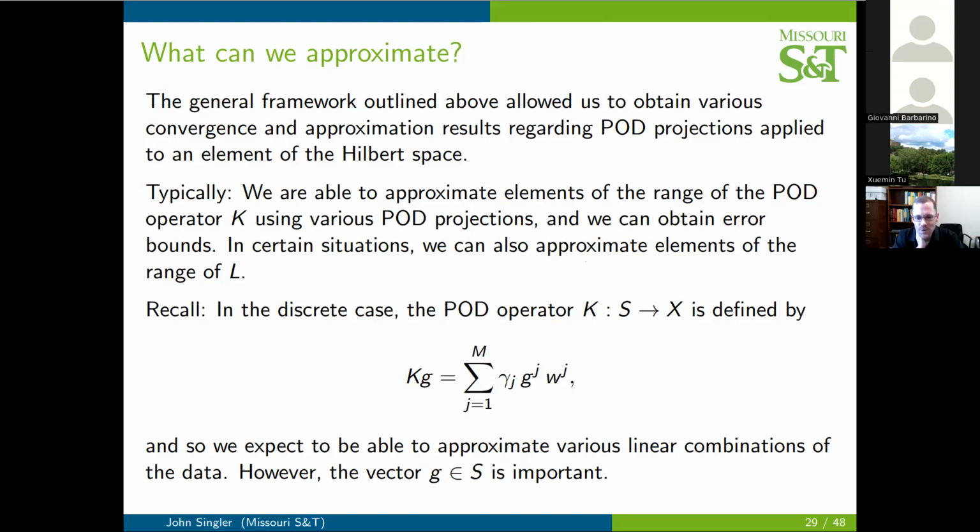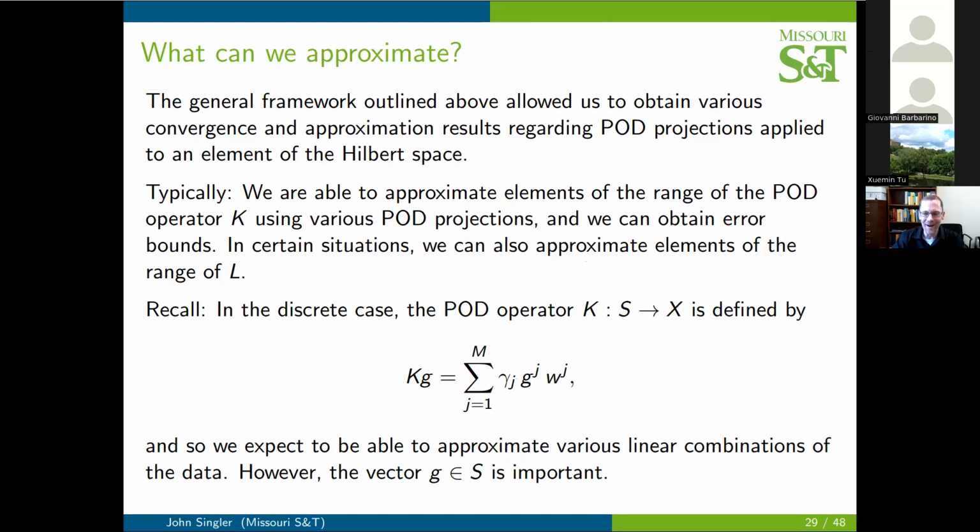And the short story is you can approximate anything that's in the range of the POD operator, or sometimes in the range of this operator L. So again, in the discrete case, the POD operator is a linear combination of the snapshot data. So it's great. And so in some sense, you can approximate anything that's a linear combination of the data you started with.